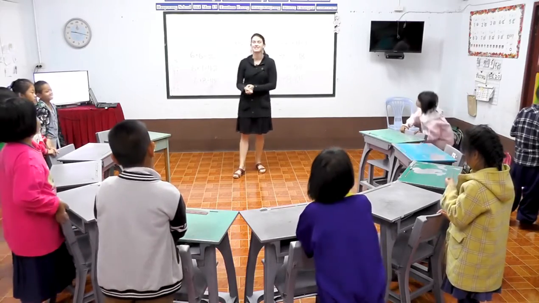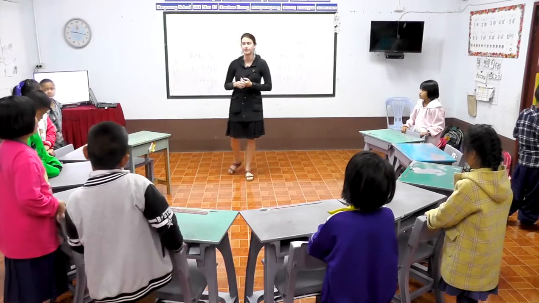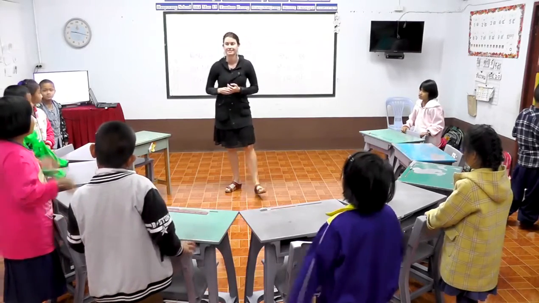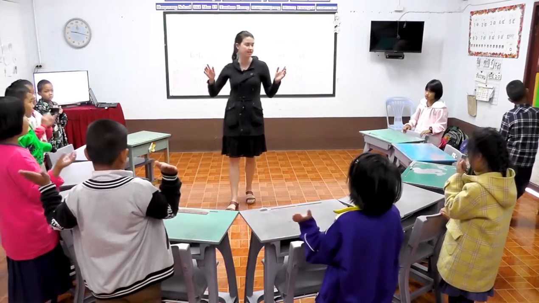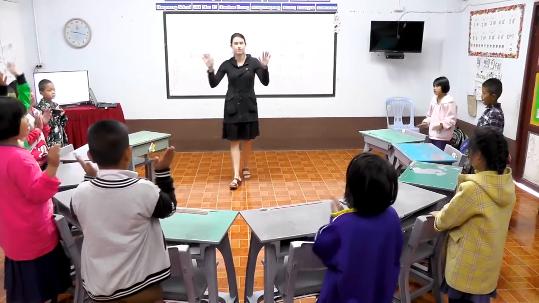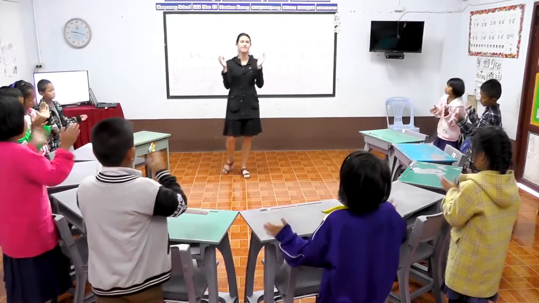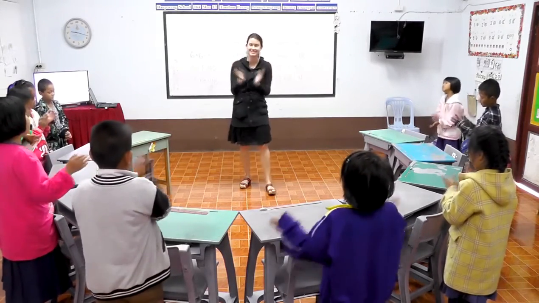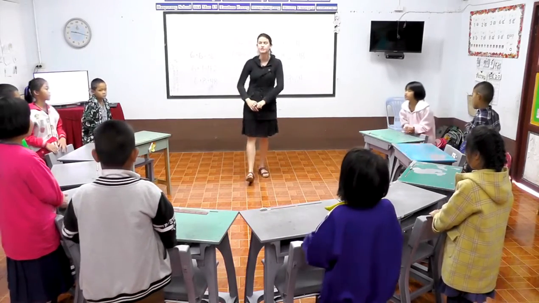That's right. Last one, what's the answer to 5 times 2? 10. Here we go. 1, 2, 3, 4, 5, 6, 7, 8, 9, 10. Woo, that's a lot of clapping.